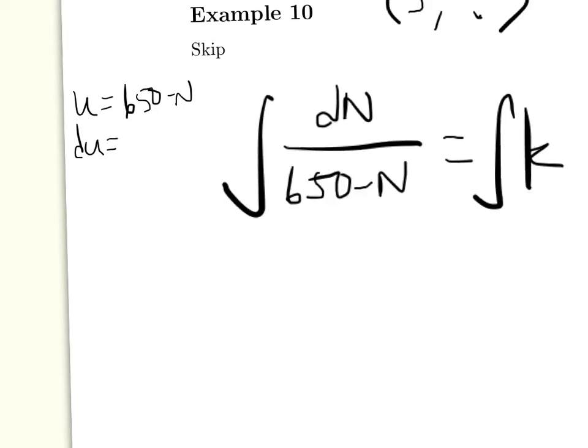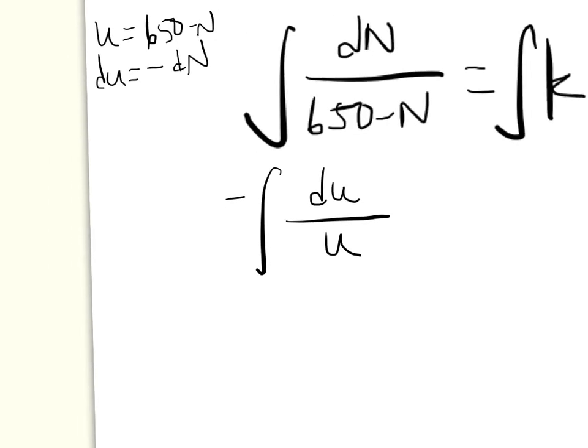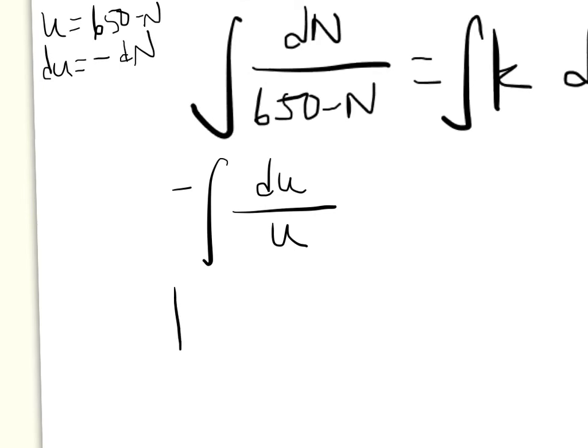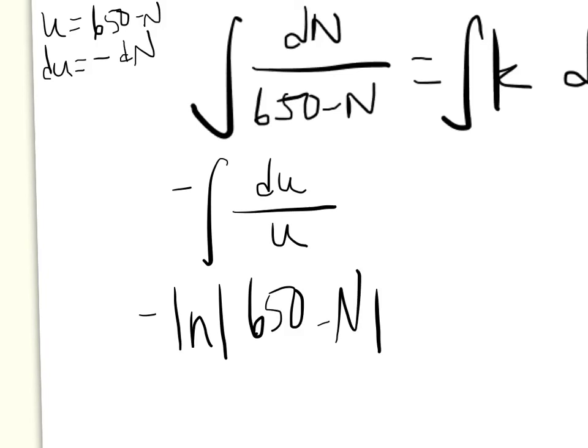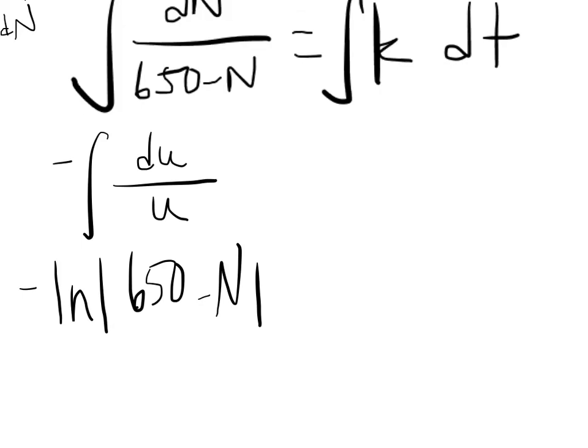Negative dn. Do we have a negative here? No. So it's negative integral of du over u. So our integral is negative ln of what's inside, so 650 minus n. That's the left-hand side. The right-hand side's pretty straightforward. What is it? kt plus C, good.